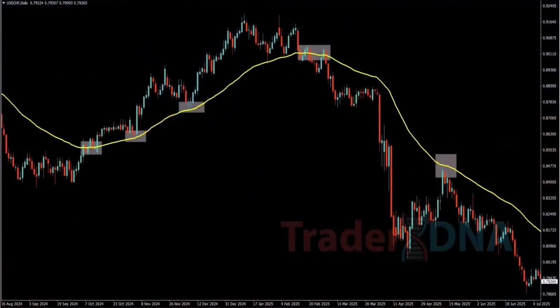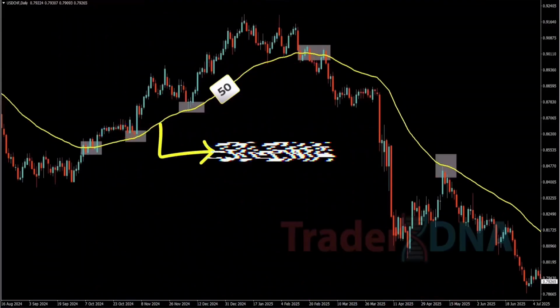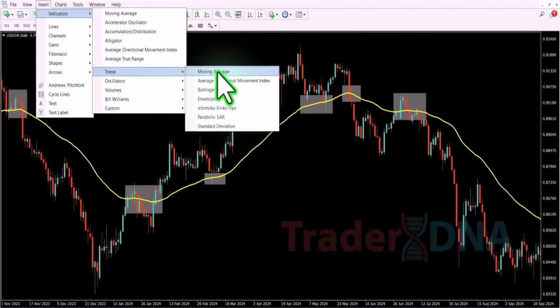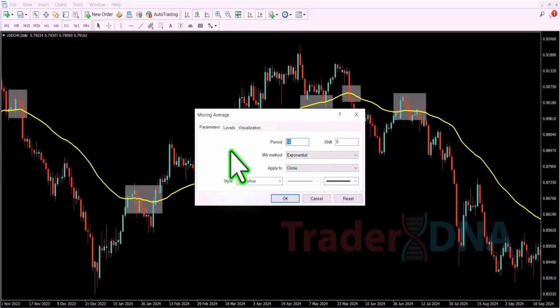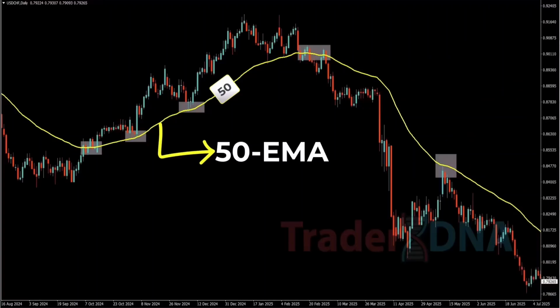So here's what we're using in this strategy, a very specific type of moving average called the exponential moving average with a length of 50. That means EMA 50. So right now, I want you to actually do this with me. Open your charting platform, whatever you're using, go to your indicators, search for exponential moving average, add it to your chart, and set the length to 50. Done. Now your chart should have that smooth line running through price.